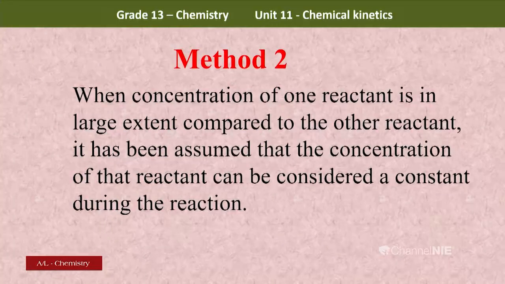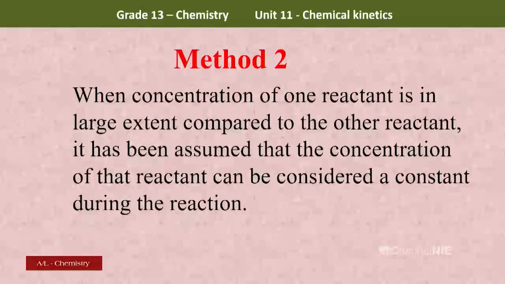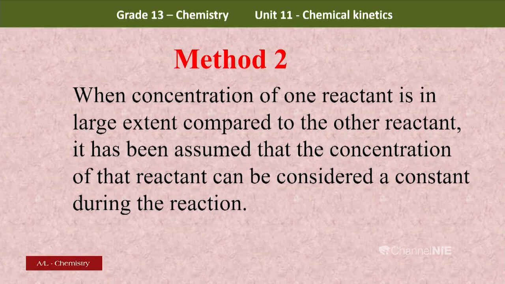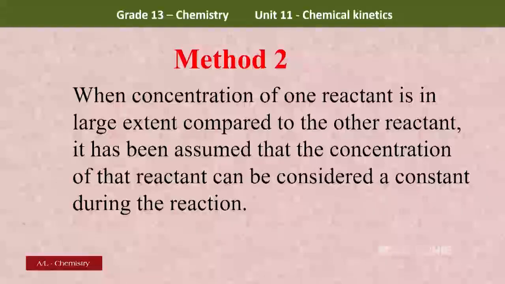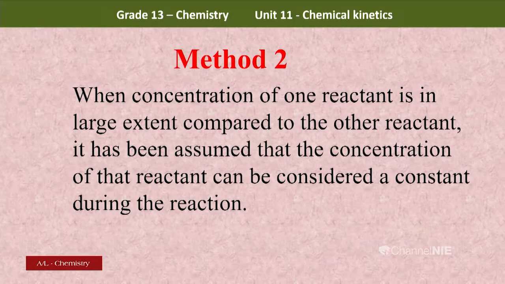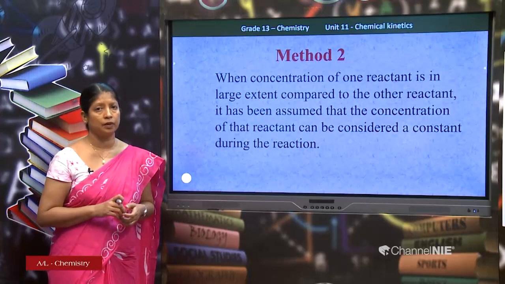Now, according to the second method, again this method is applicable when you have several reactants. In this method, what we are going to do is keep the concentration of one reactant at a large value, whereas the concentration of the others should be a very small value. Actually, the one which has higher concentration should be 1000 times greater than the concentration of the other one.